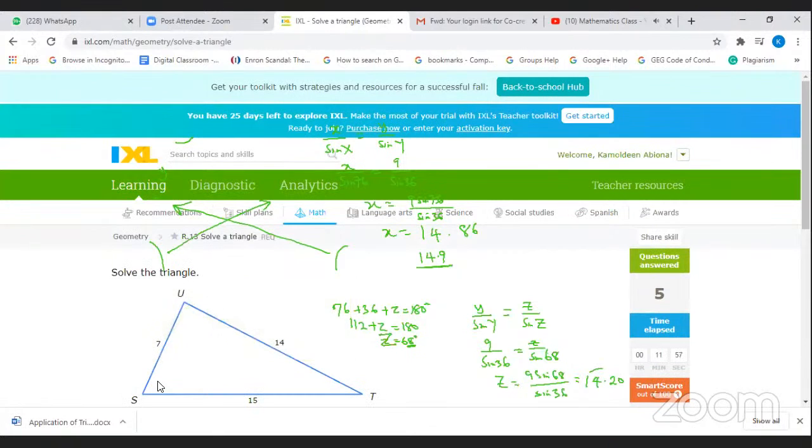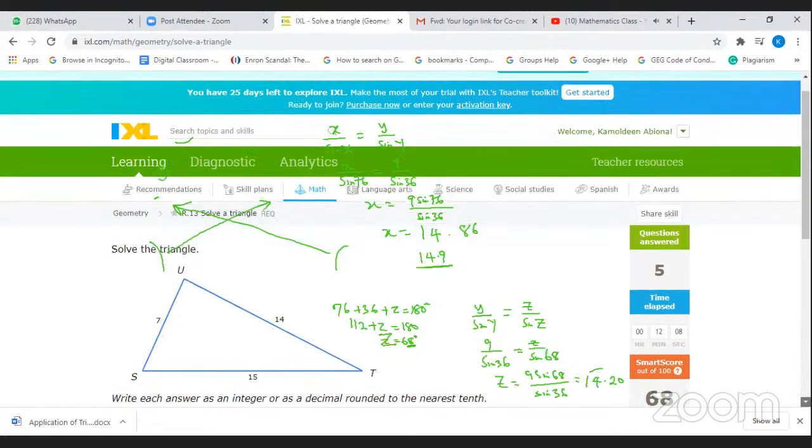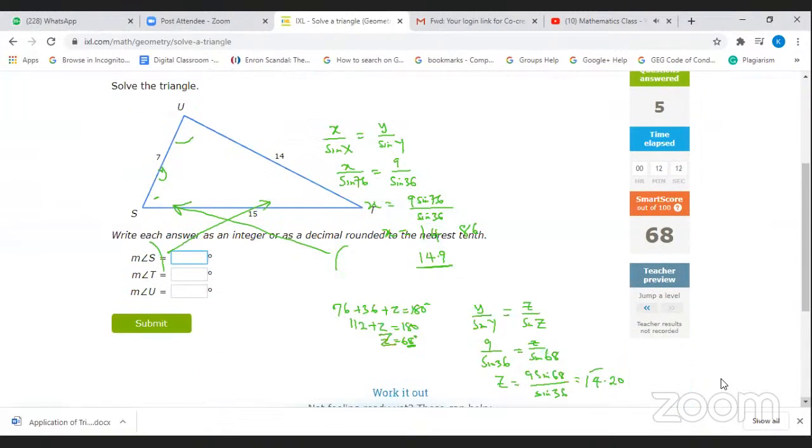So that's correct. I think we are going to pause there. That's just how we can continue to use IXL. You can see this is also another one and things like that.